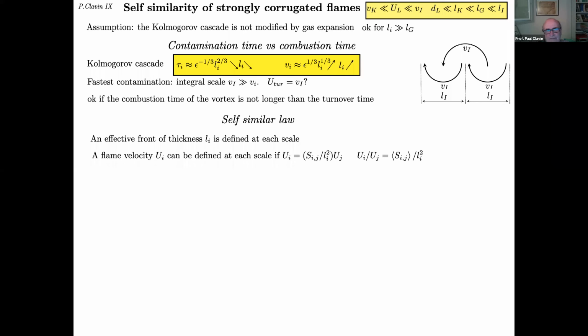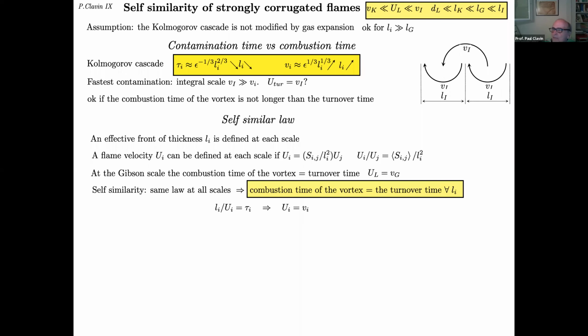You have a self-similar law because you have an effective flame front at each thickness, at each scale. And at the Gibson scale, by definition, you have the turnover velocity, which is equal to U_L. But if now you assume a self-similar law, which means that the law should be the same at all scales, the combustion time of the vortex must be equal to the turnover time.